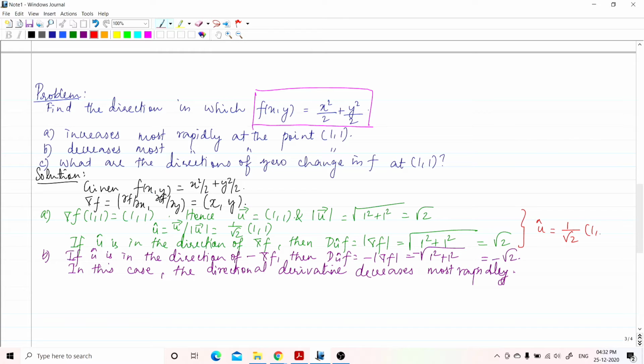This is the vector you have to choose in this category, and here this is the vector you will have to choose. Is this clear? Yes, sir. If you choose the given vectors, the ones that I wrote in red color, as your direction, then you will get the maximum and minimum change respectively.